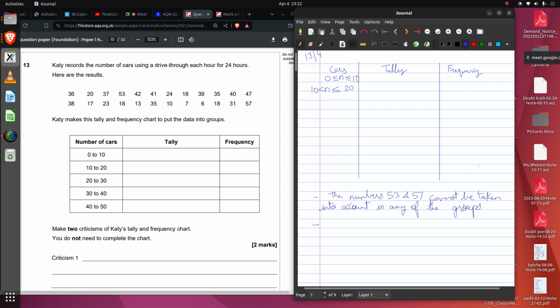And the second criticism, boundary, you can tell me, I'll write that. If you are able to frame it, just tell me what to write.